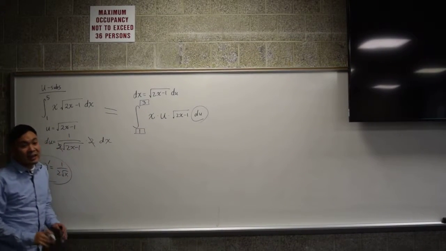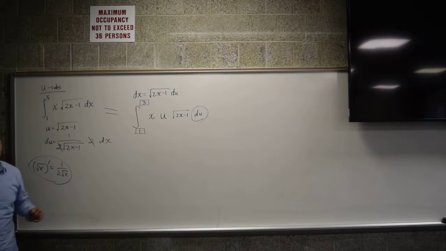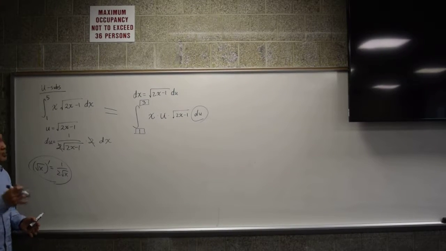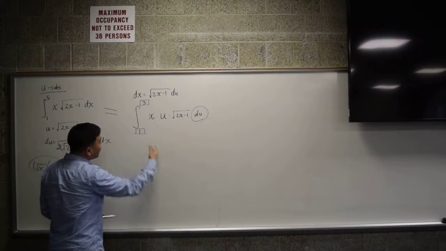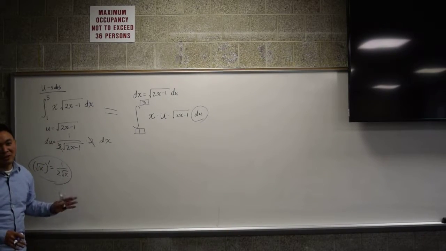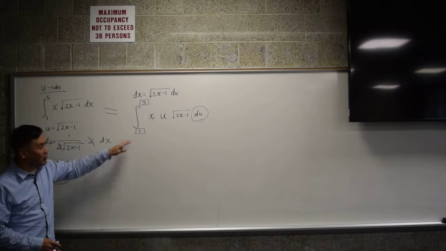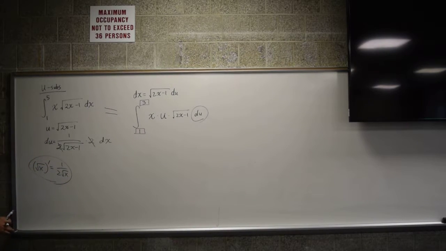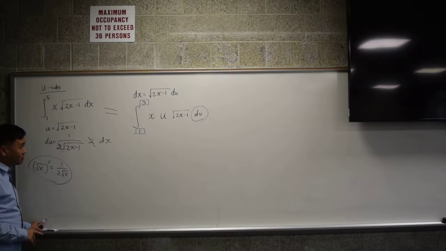That step is something that a lot of you didn't learn, or maybe you learned it but didn't use much, because sometimes people leave this as x and then go back to x, and there are other ways. It's more lengthy. I don't like that. So try doing it this way. Change the endpoints.